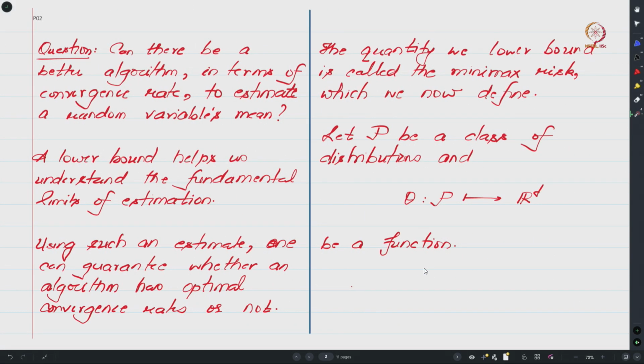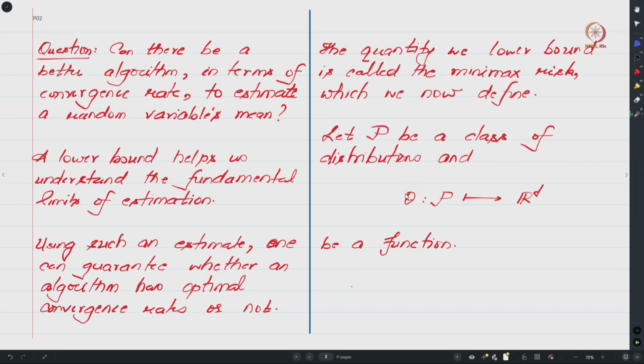So towards that we are going to define this minimax risk quantity, right, minimax risk. And to define this minimax risk notion, let us first begin with defining calligraphic P to be the class of distributions, and let theta be a function whose domain is this calligraphic P, the class of distributions, and the output, let us say, is some R^d for some d, right.